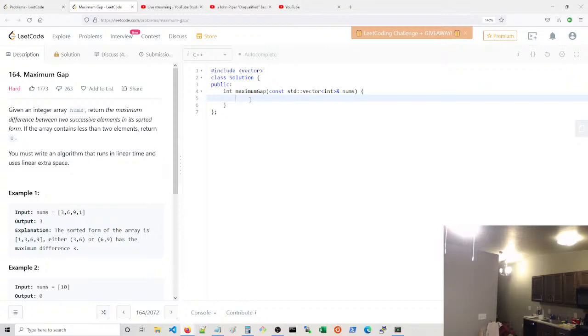You can execute an introselect to figure out which order statistic you have. Like the median, for instance, you could find the median, and then you could find the next number in linear time, right?